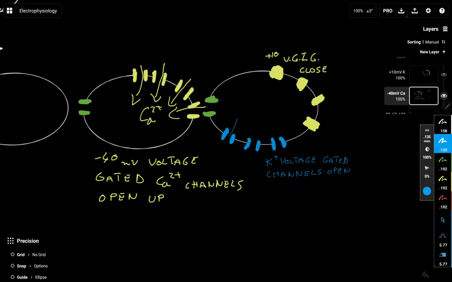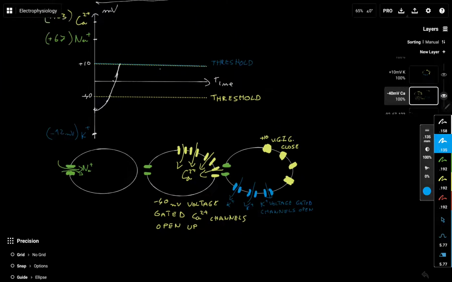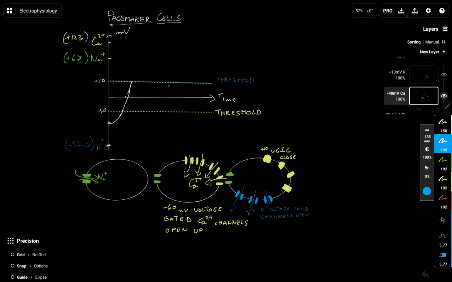What does it want to do? It wants to go out of the cell, because there's loads of potassium inside. So potassium tries to get out of the cell as much as possible, and it wants to push my action potential down to this minus 92 millivolts.